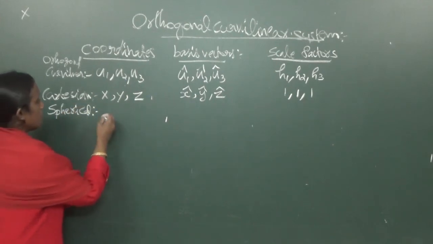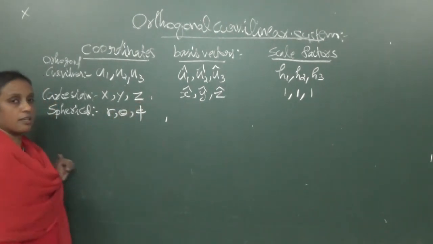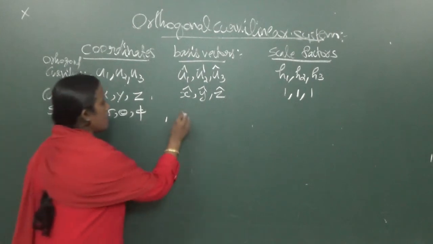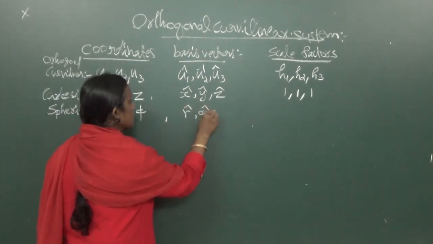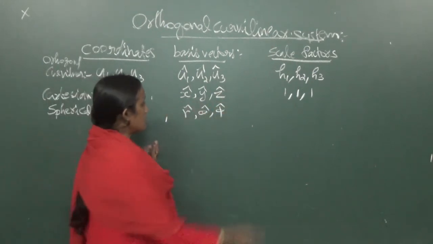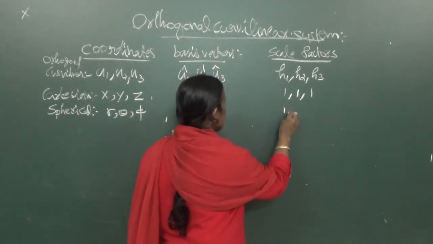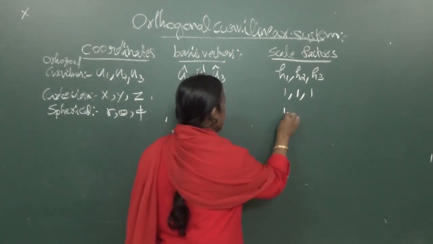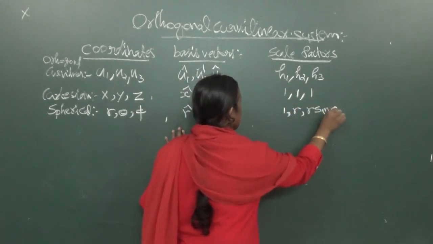Spherical system. There you have r, theta and phi. Here the basis vectors are r cap, theta cap and phi cap. Then the scale factors are 1, r, and r sin theta.